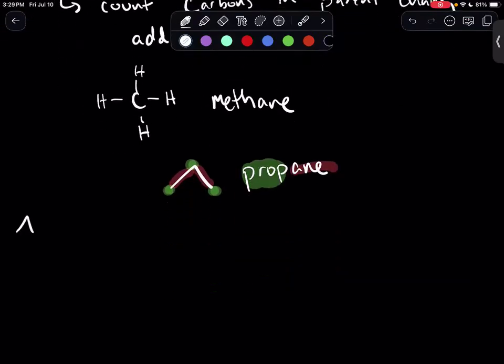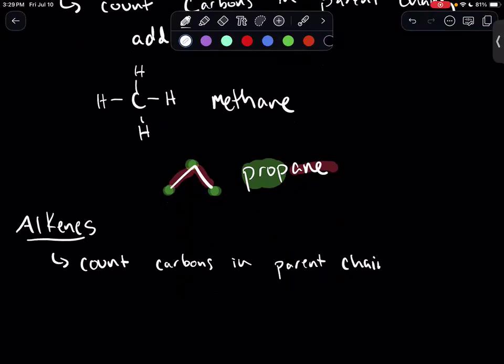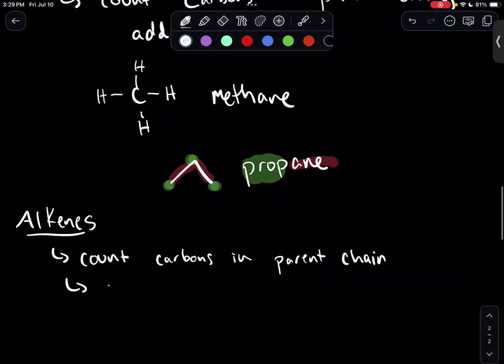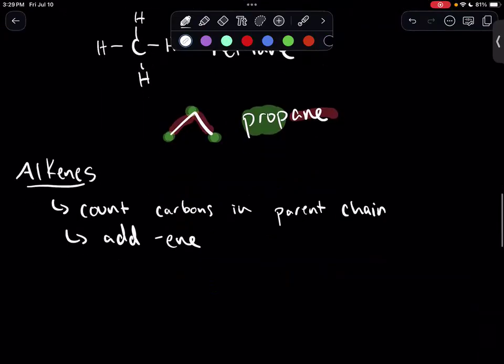Now, alkenes are pretty much the same. They get a little more complex, as we'll see in a moment, but also because they have a double bond, we can't start with methane. But once again, we'll count carbons in the parent chain, and then we'll add ene, E-N-E.